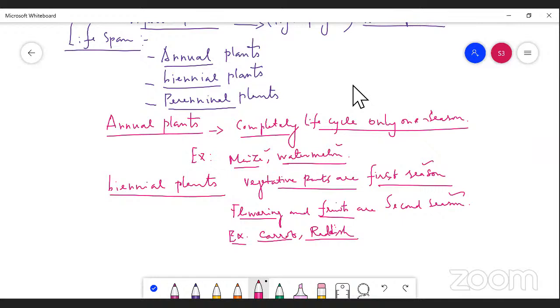It's called biennial plants. For example, carrot and radish.